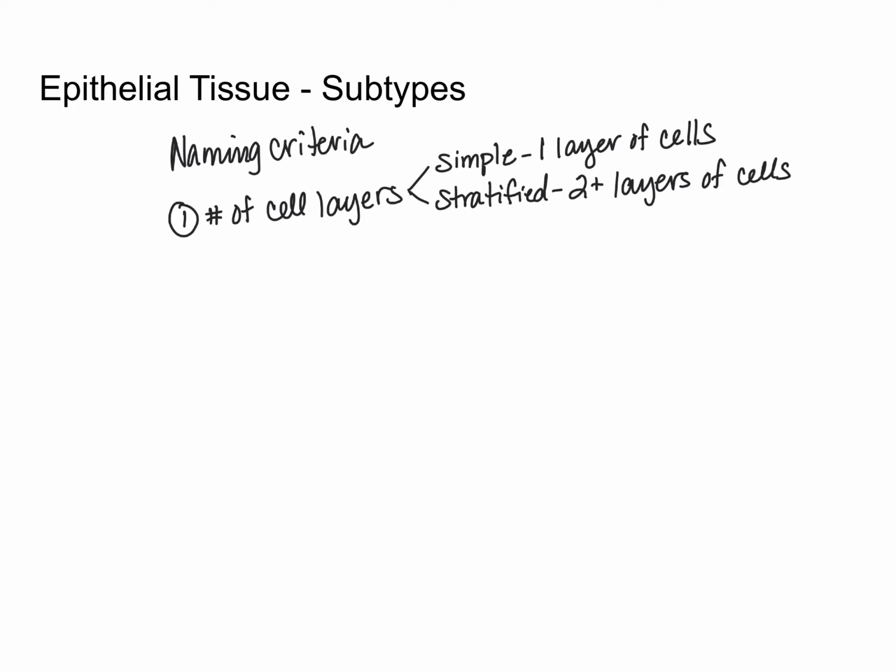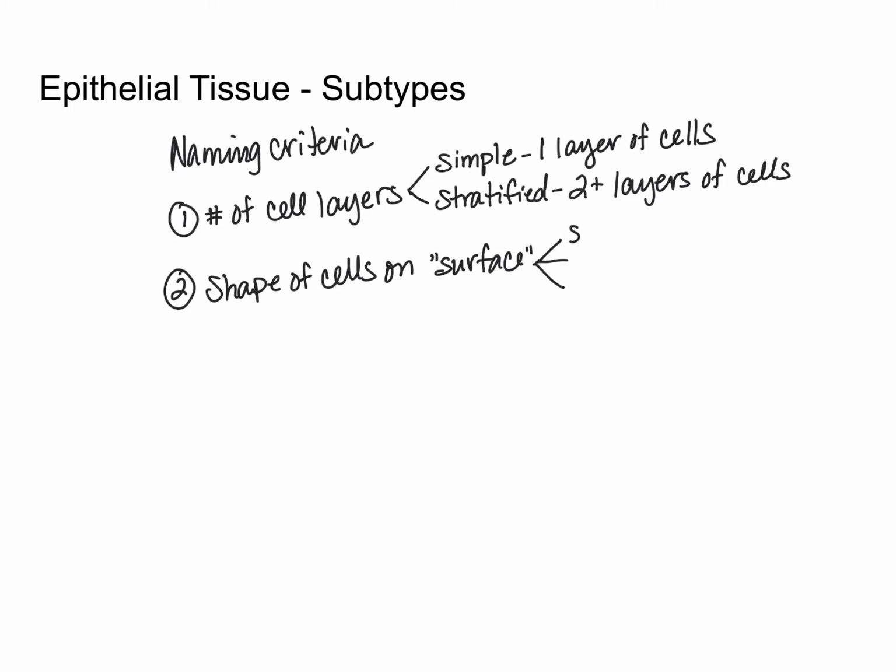The second part of the naming criteria has to do with the shape of the cells. And we'll say the shape of the cells on the surface, and we'll explain what we mean by the surface in a moment. But there are three different possible shapes that can be associated with epithelial tissue.